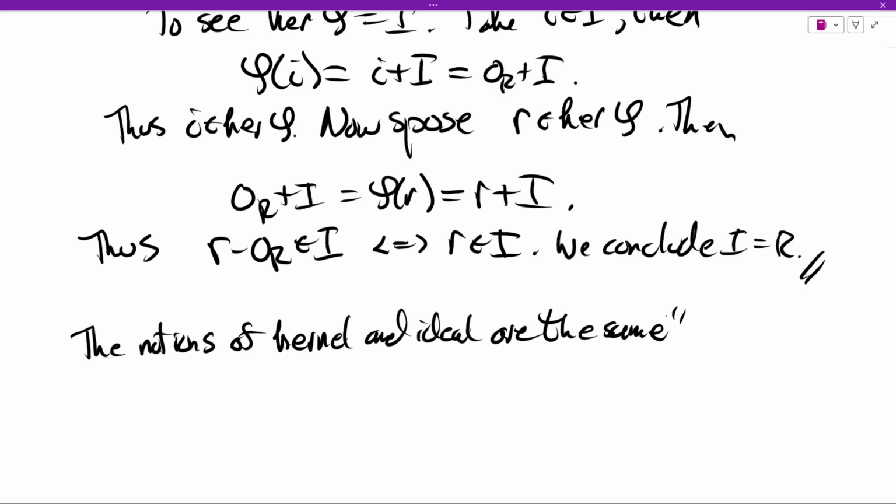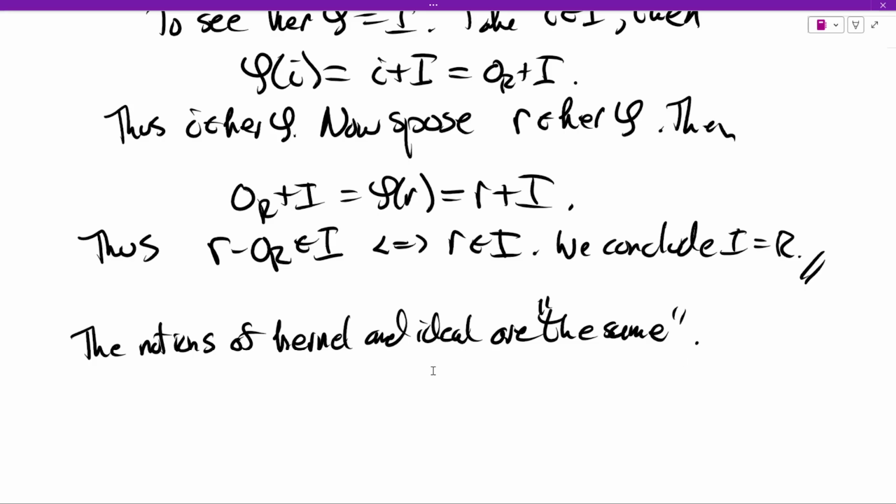And I'm going to put "the same" in quotes because it's not quite true, because the kernel refers to a very particular homomorphism. You have the homomorphism already given to you. Ideals don't necessarily refer to a particular homomorphism. They're just a subset of R. The same ideal can be the kernel of many, many homomorphisms, many different ones with different codomains and different things.